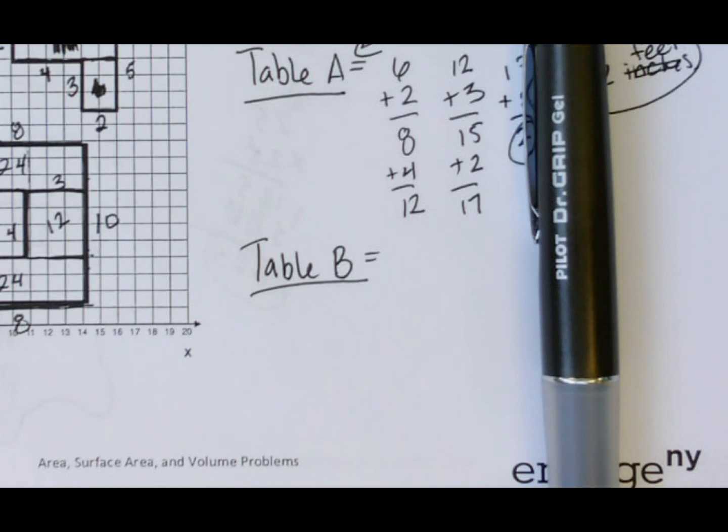Look at the side color. Analyze it. All right. Table B. What's the answer for that, ladies and gentlemen? You guys are still figuring it out? All right, let's go.